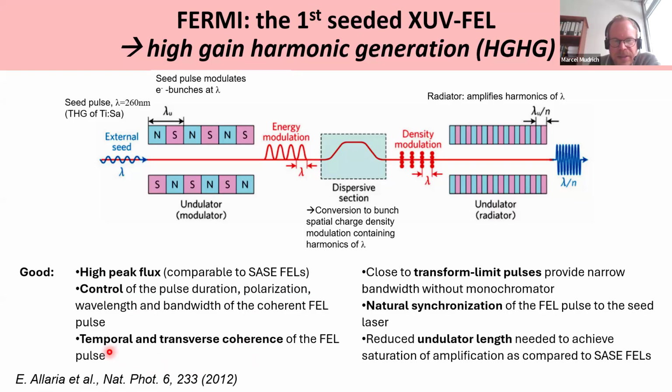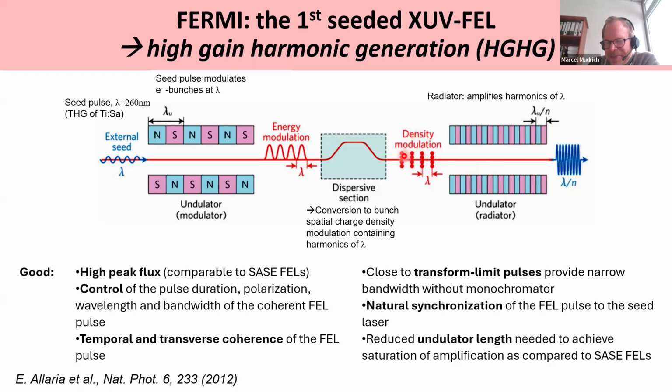These are really temporally and transversely coherent pulses, close to transform limited pulses. So much shorter pulses, better controlled spectrum. And actually there's even a technical advantage that the total length of the main undulator can be shorter, because basically you don't have to wait for the electron bunch to travel long enough until finally spontaneous emission gets amplified and we get this runaway SASE process.